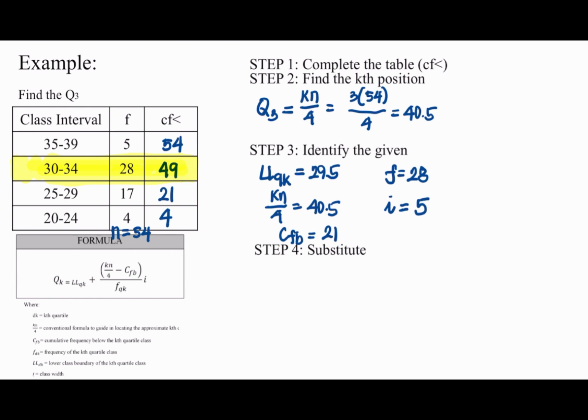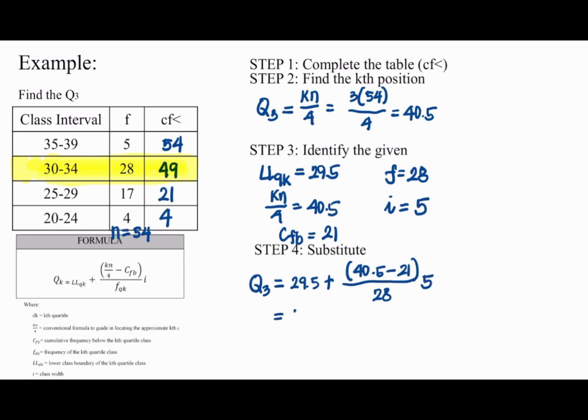After that, we will be substituting it into the given formula. That is, Q sub 3 is equal to 29.5 plus kn over 4, which is 40.5, minus C sub Fb, which is 21, divided by F, which is 28, times 5, which is the i.